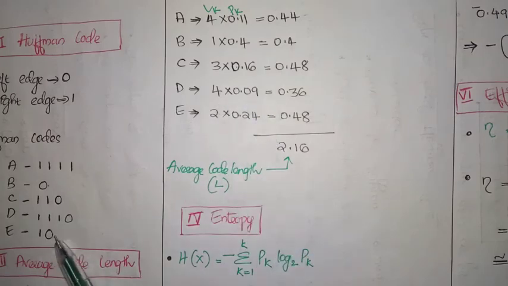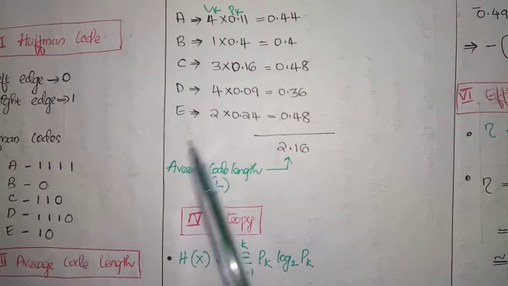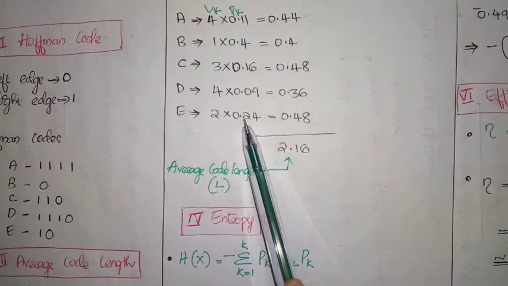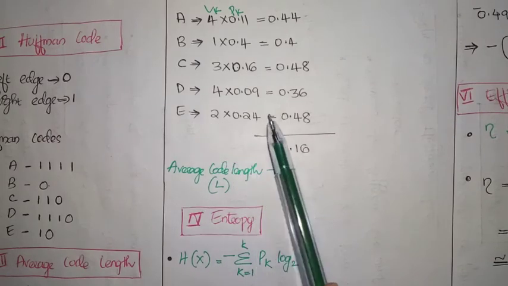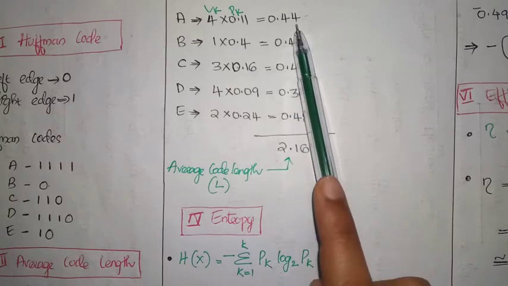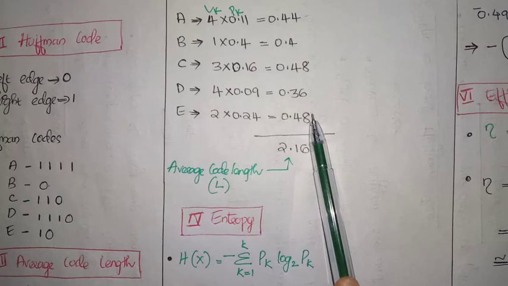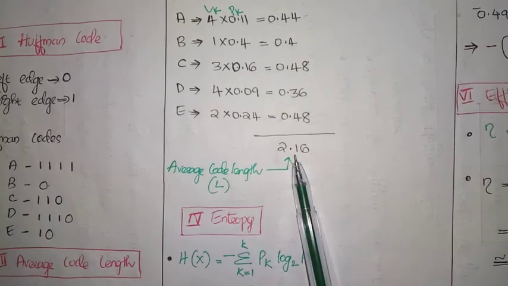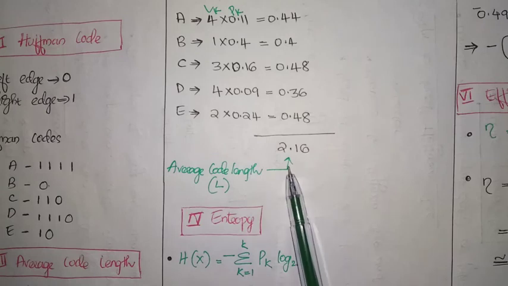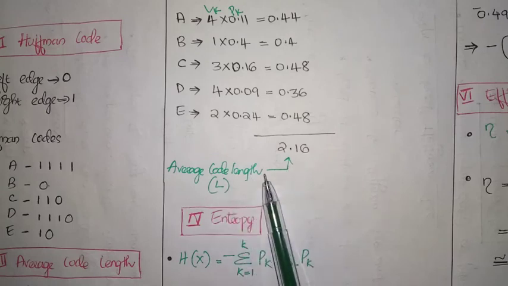In the case of E, only 2 bits are there, so 2 times the probability of E. After that, we find the sum of all these lengths. We obtain the sum, and this is our average code length.